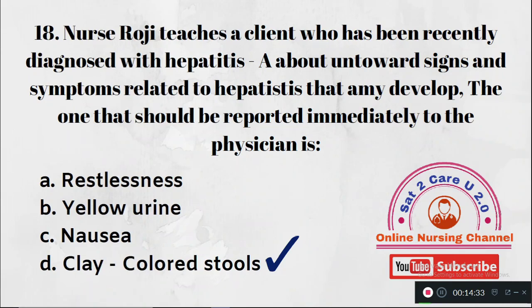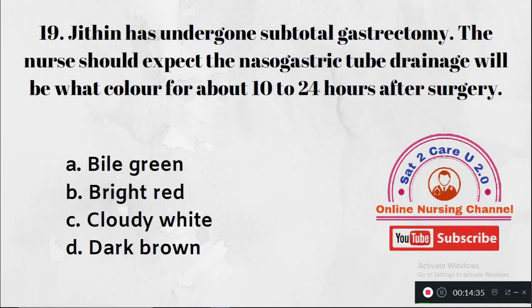Question number 19. Jitin has undergone subtotal gastrectomy. The nurse should expect the nasogastric tube drainage will be what color for about 10 to 24 hours after the surgery.